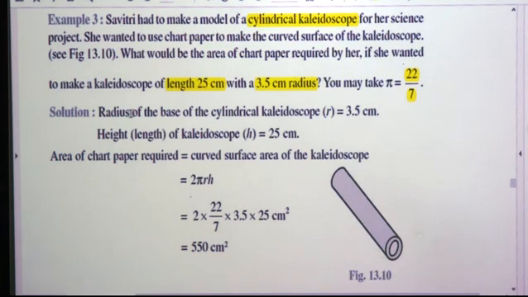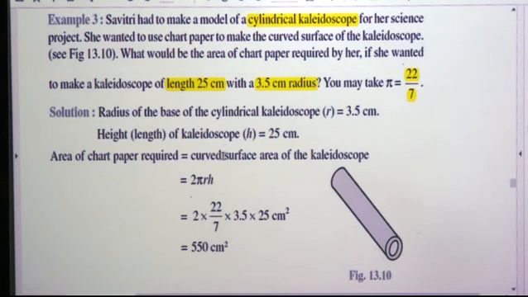Proceeding further, the radius of the base of the cylindrical kaleidoscope r is equal to 3.5 centimeter. Height, that is length of the kaleidoscope, h is equal to 25 centimeter. Area of the chart paper required is equal to the curved surface area of the kaleidoscope.